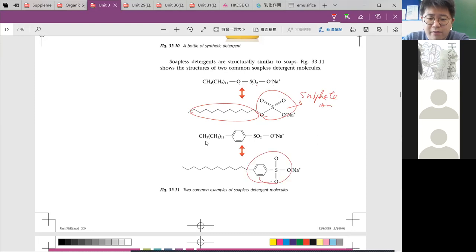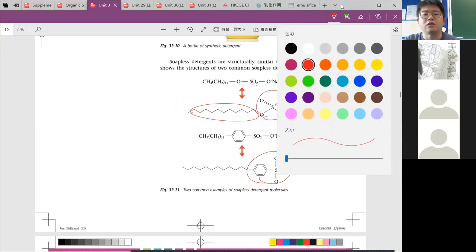And this one, what's that? We call that benzene sulfonate ion, which should be one word only.